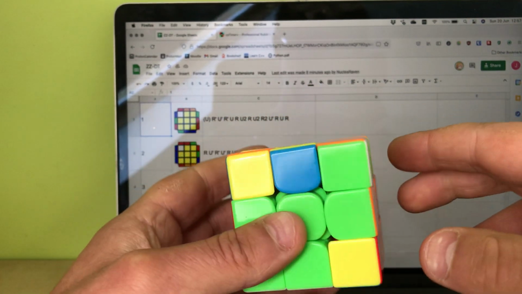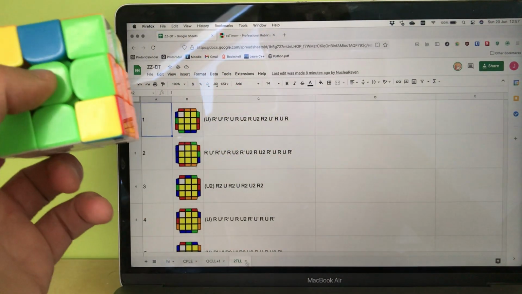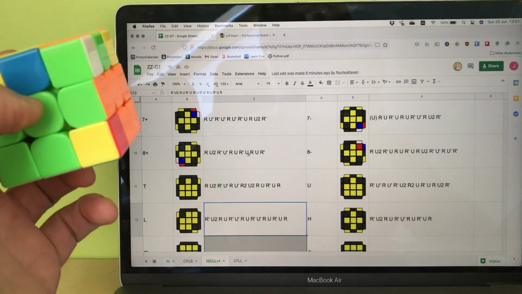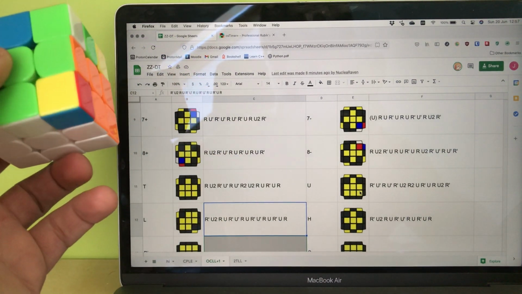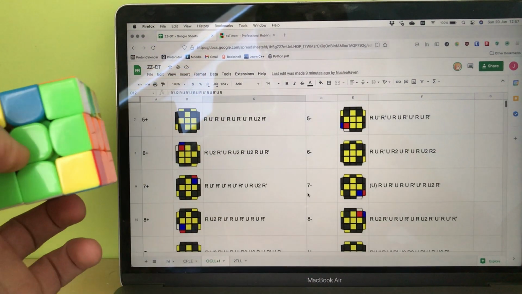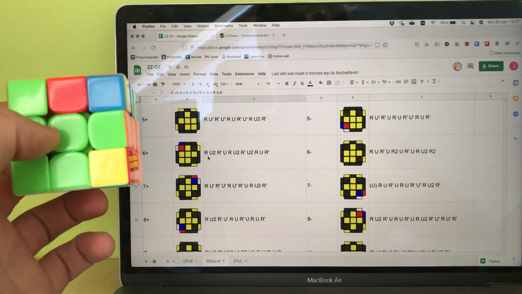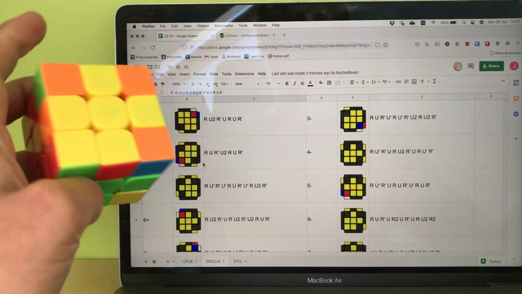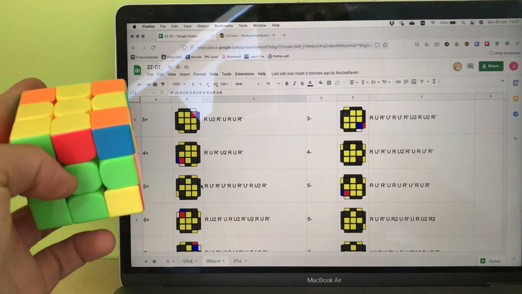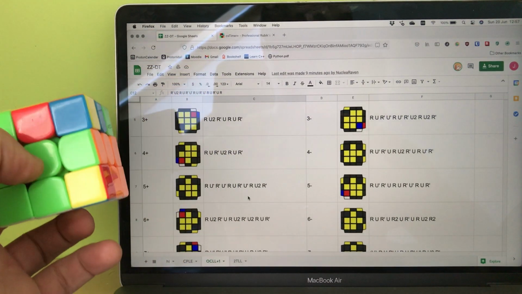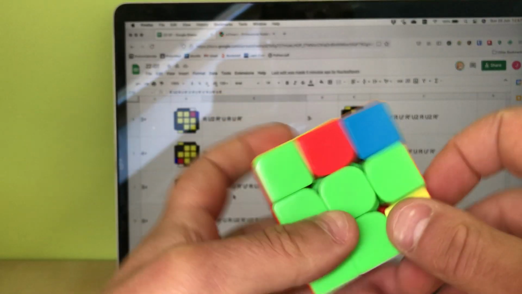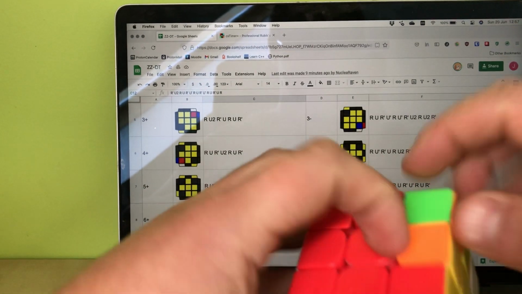And now, if I do the OCLL, well, TSLE thing, which one is it? It's one of them. You know what? Let's just do this, because I'm good.